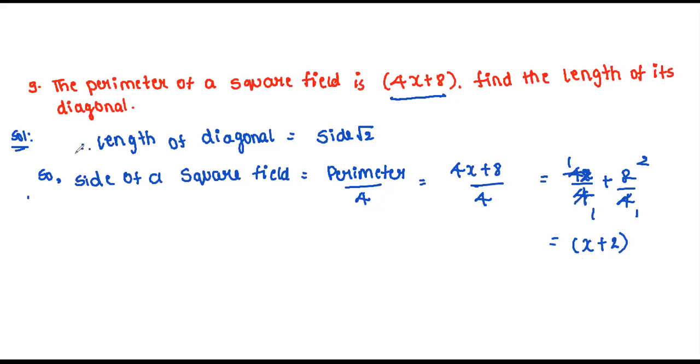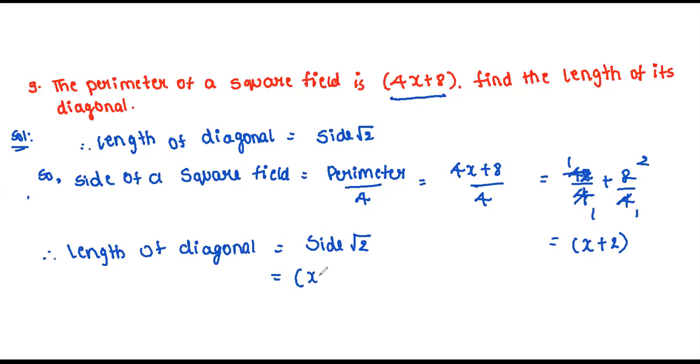Therefore use this formula now. Length of diagonal is equal to side into square root of 2, which is nothing but x plus 2 into square root of 2.